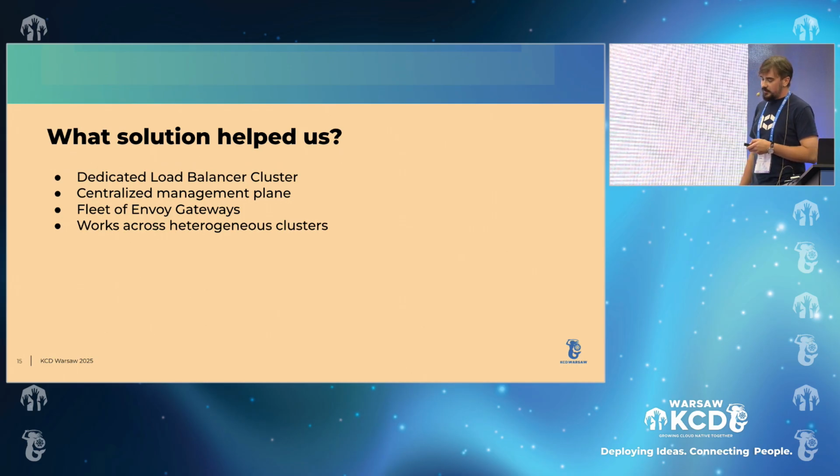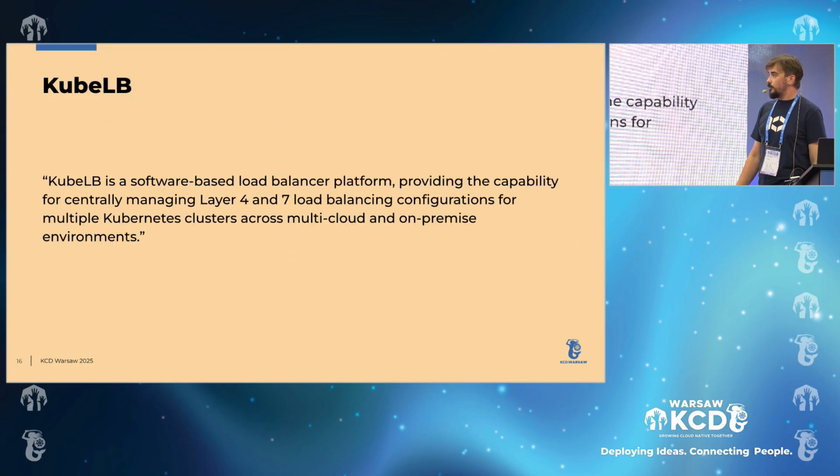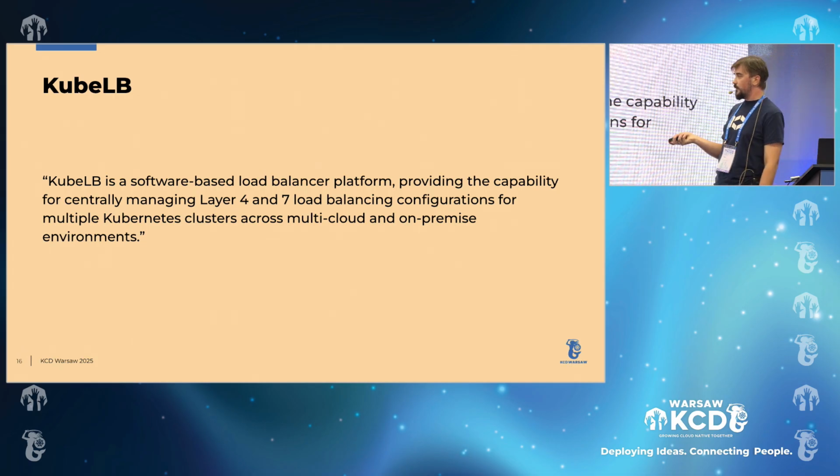So we decided to have a dedicated load balancer cluster with centralized management planes, and for the requirement of getting L7 traffic going, we decided to run Envoy Gateway there. And like I said, it works across different types of clusters. And we started a project that is called KubeLB.